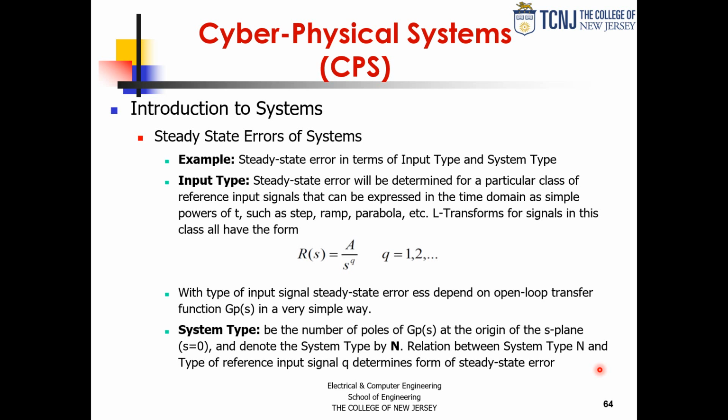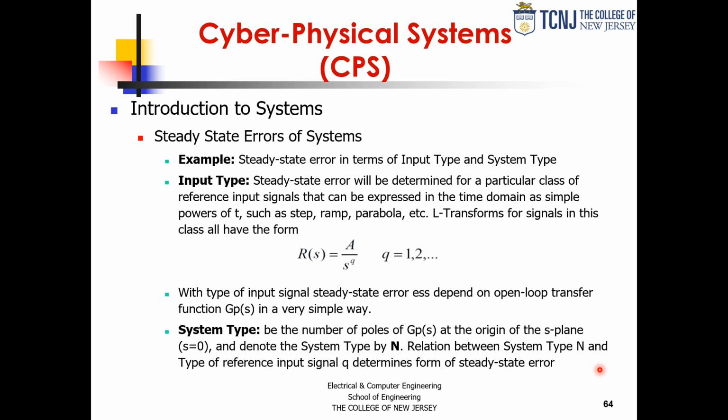And we also use three types of test inputs to quantify the steady state error nature of a system according to its type or order. We use the step, we use ramp, and we use parabolic inputs.